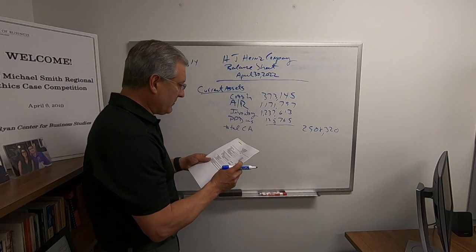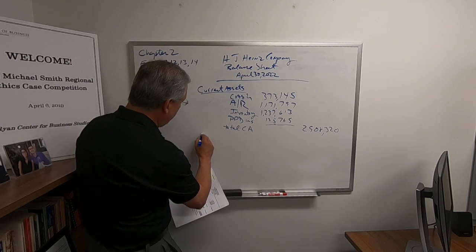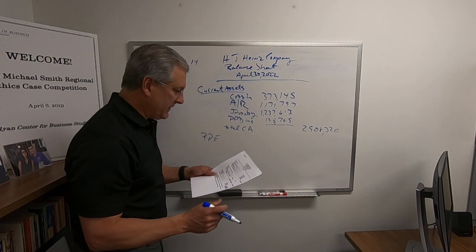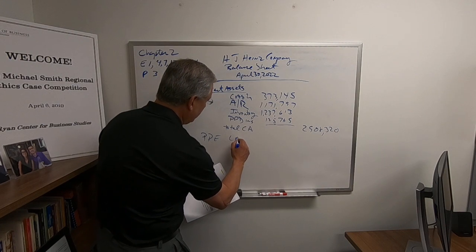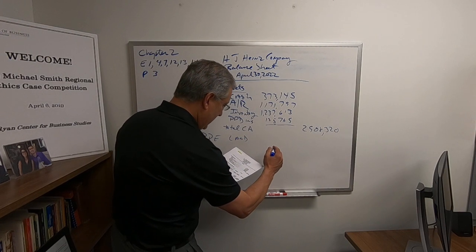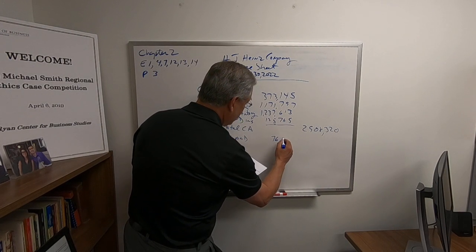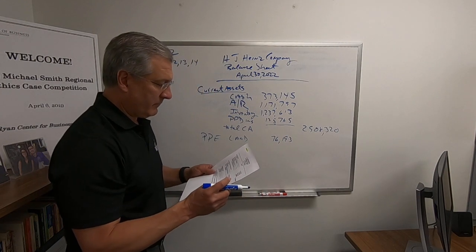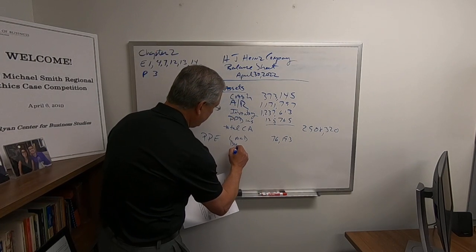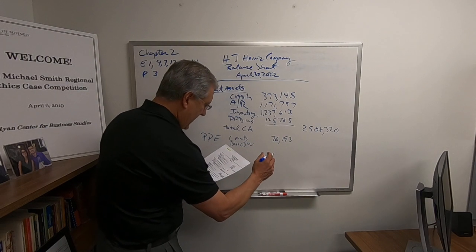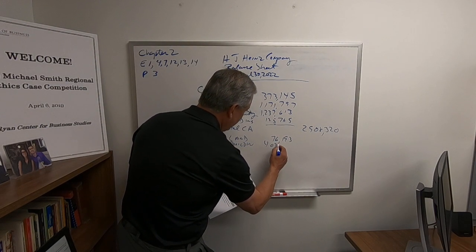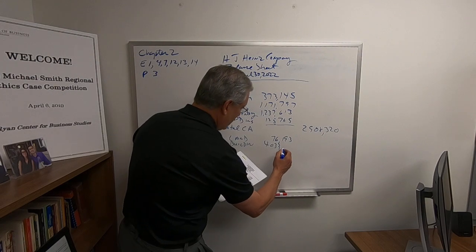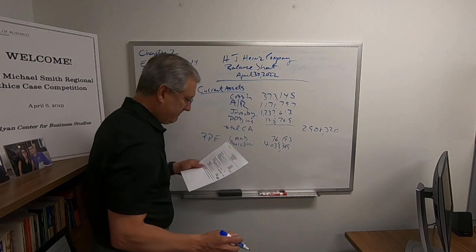Then we have our non-current assets. We're talking about long-term items. We're looking at PP&E, property, plant, and equipment. We have land at 76,193. We have building at 4,033,369.